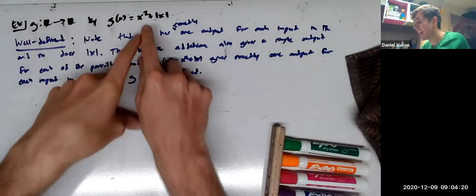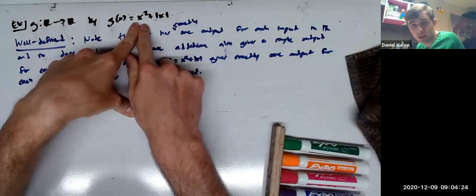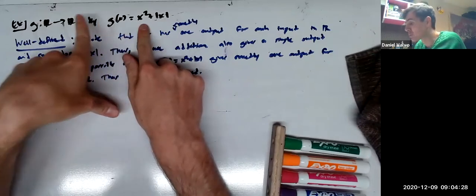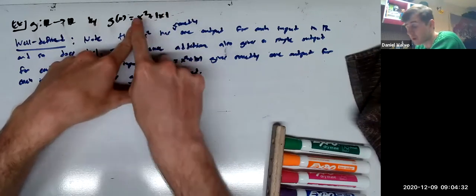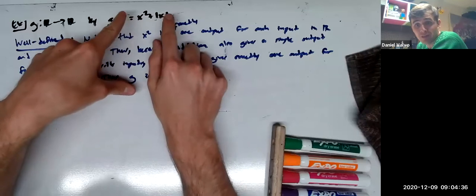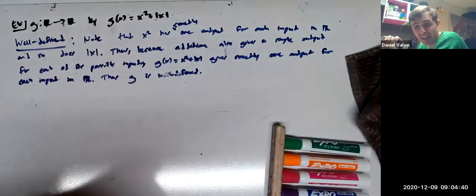Imagine any input in R, like 1, 2, e, whatever, because we're using all of R. x squared is going to have one output, and the absolute value of x is going to have one output. And when you add one output to one output, addition just has one output, right?